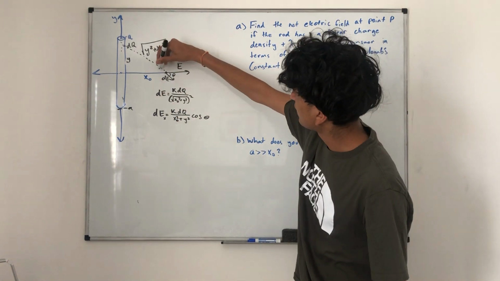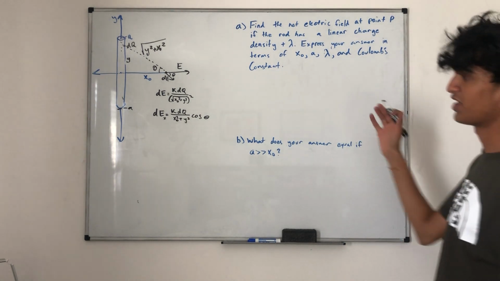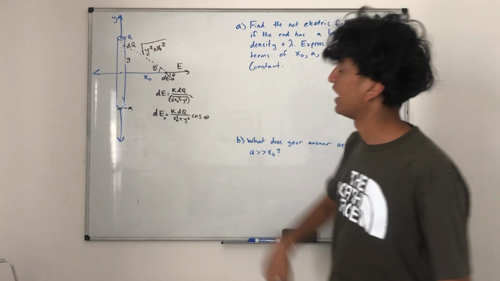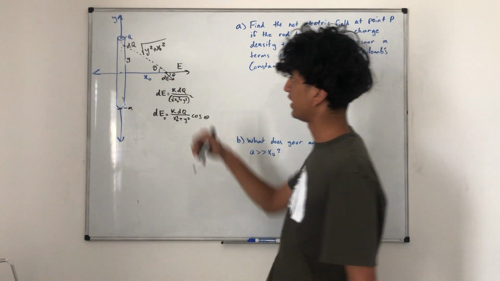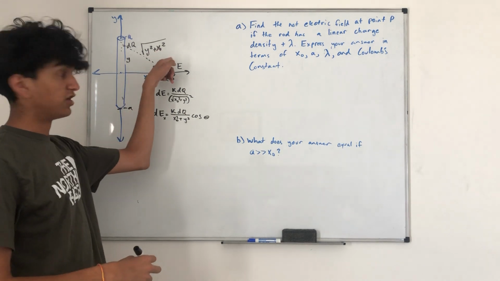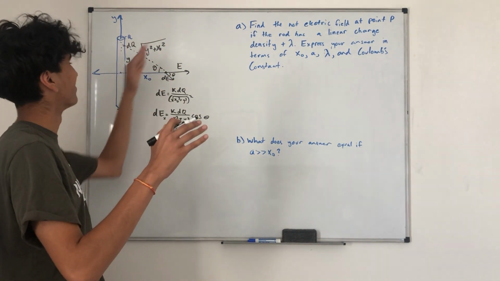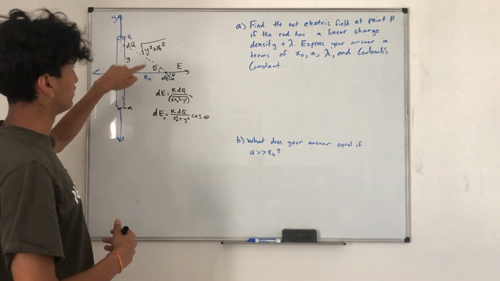This angle is also theta by the vertical angle theorem, which says these two angles are equal. So if we want the cosine of this angle, we just have to get the adjacent over hypotenuse.